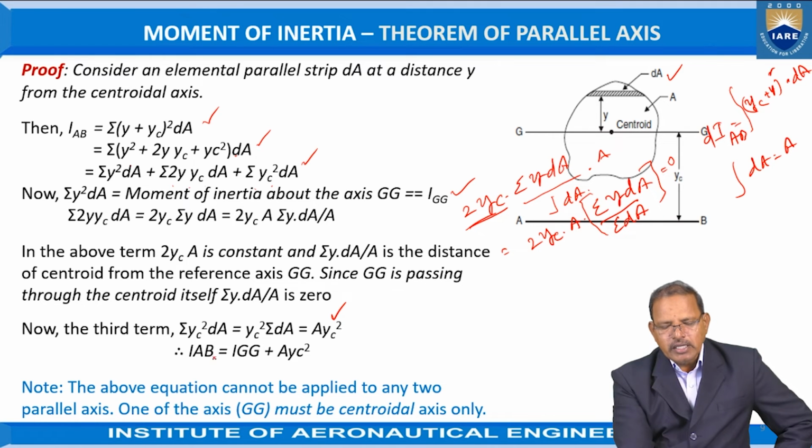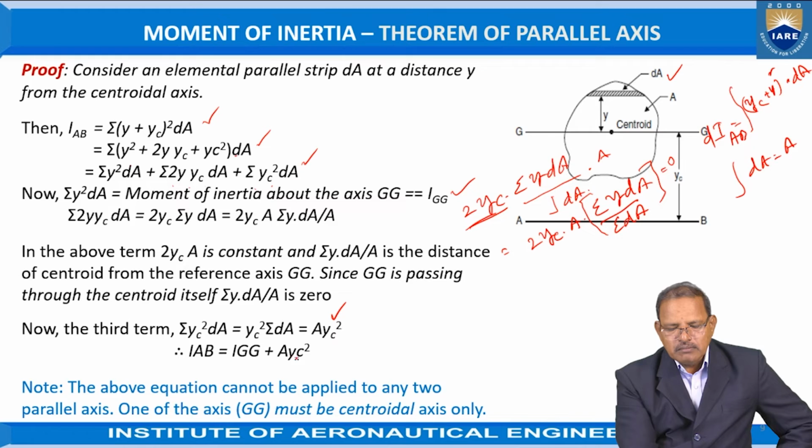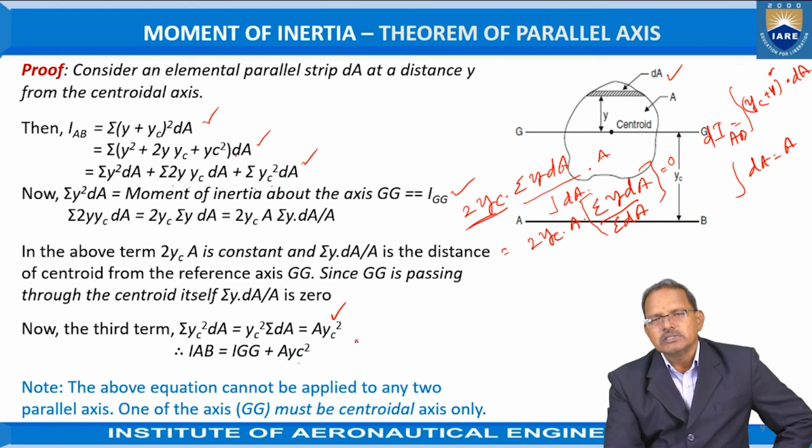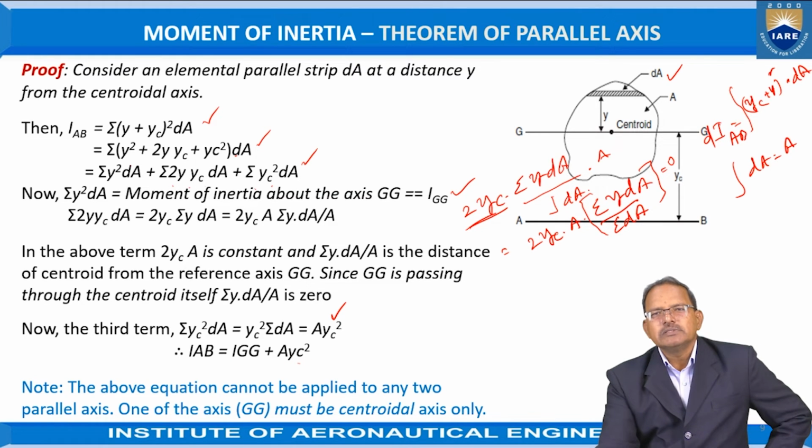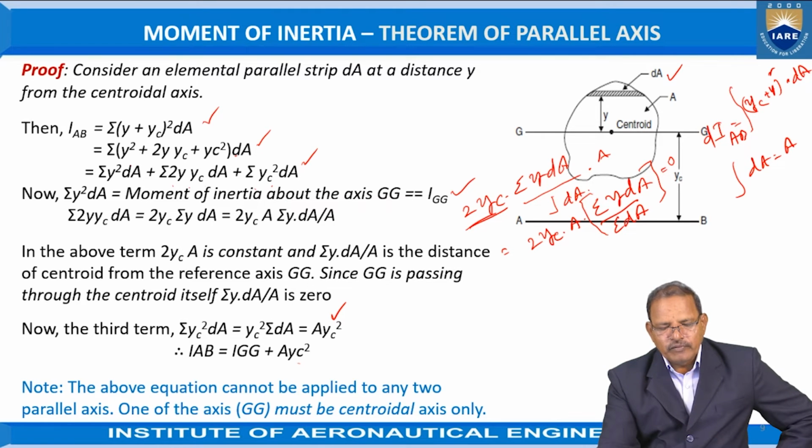Hence, I_AB can be written as I_GG plus A YC square, since the second term, 2 YC sigma y dA, is equal to 0.